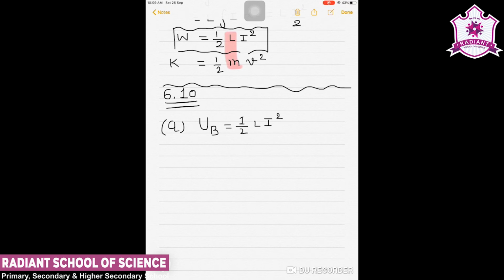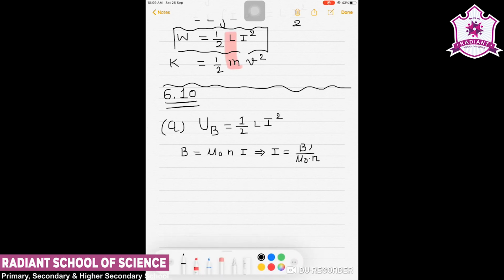L I square. Now we know that for a solenoid, B is equal to mu 0 n I. If we make I the subject, we have I is equal to B upon mu 0 n.